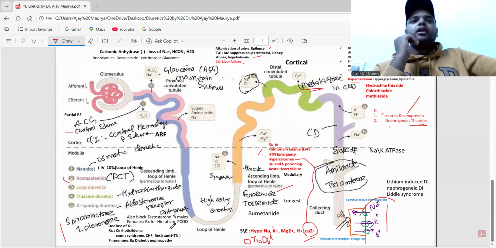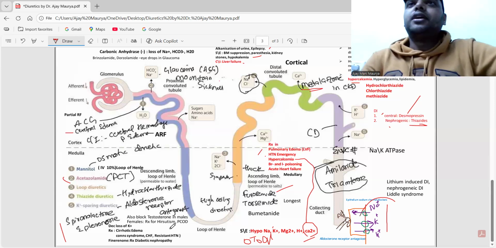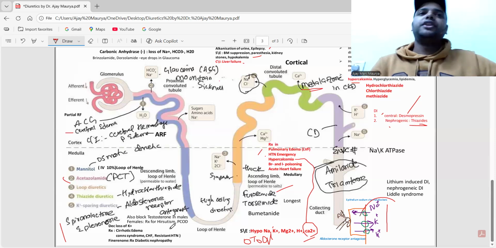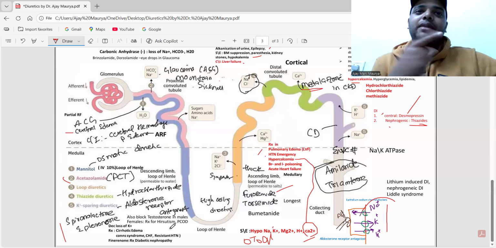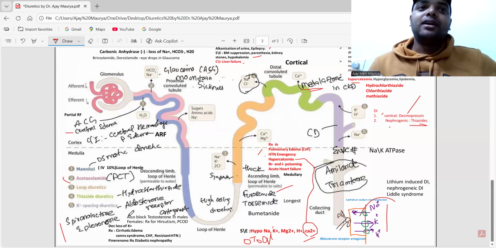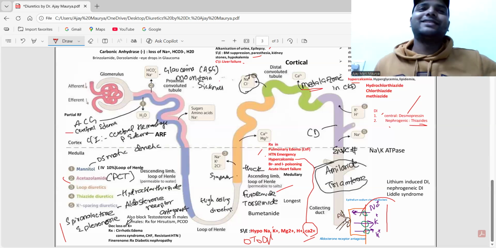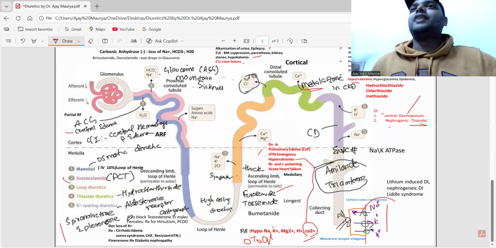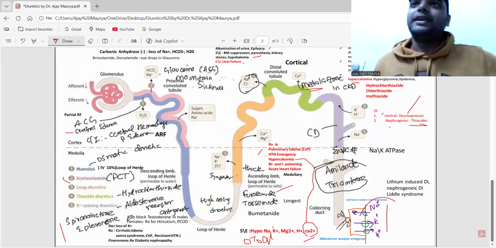That's why potassium sparing diuretics are also used for the treatment of PCOS in females. In males, it blocks the testosterone, but in females, it is the drug of choice. In males, it causes gynecomastia, but in females, it is the treatment of PCOD.